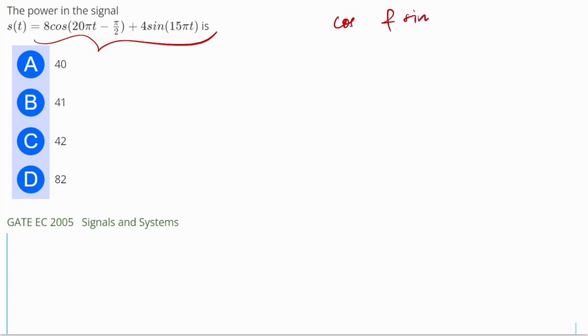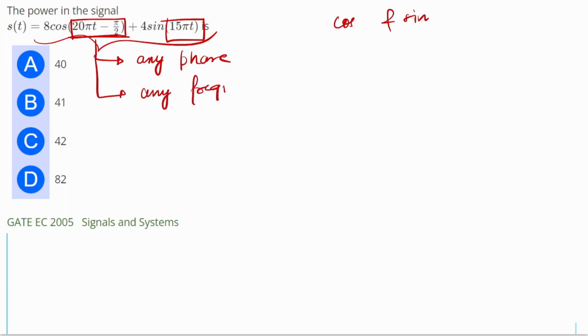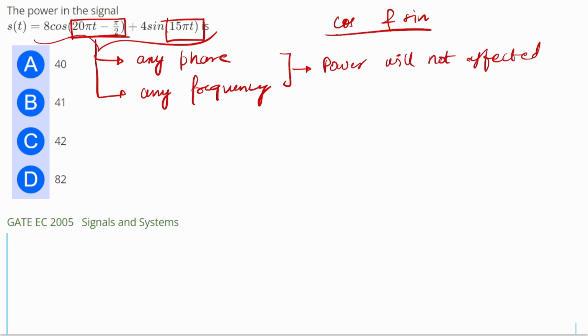If we talk about the power of this type of signal, the inside of the angle does not matter at all. It can have any phase and any frequency; the power will not be affected by these two values. So on what basis do we calculate the power?